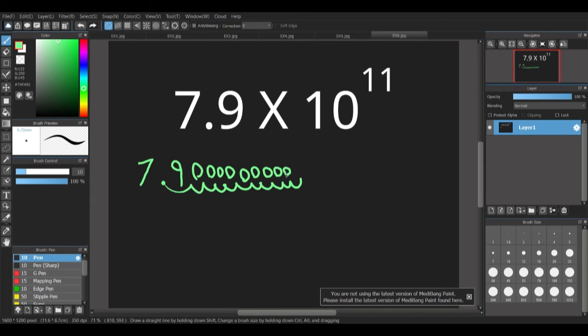The hardest part with these types of questions is making sure you don't add or subtract a 0 that should be there. And once again, we're not going to put that decimal because that will make it too many significant figures. We just want the 7 and 9 to be significant. So we will just write 7, 9, and then 1, 2, 3, 4, 5, 6, 7, 8, 9, 10 zeros in this case. And this is your final answer.